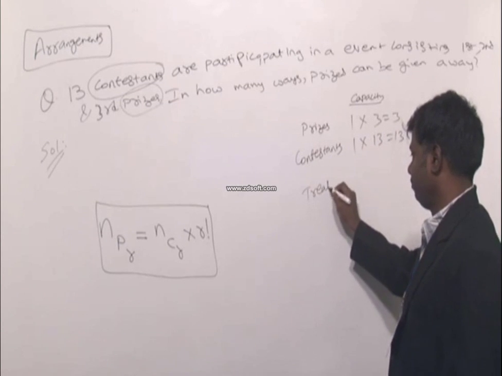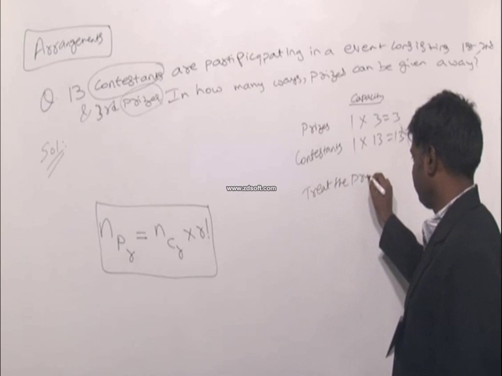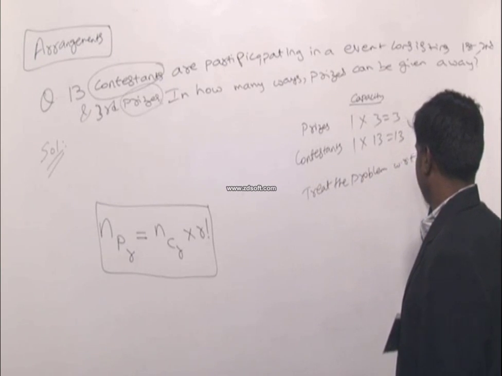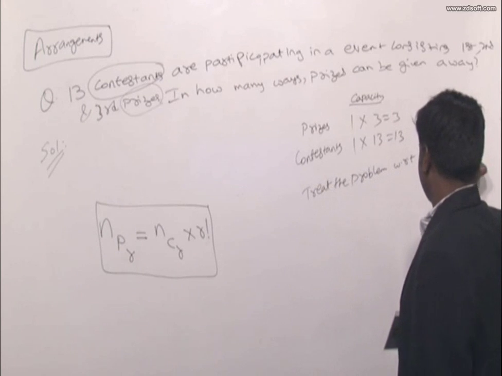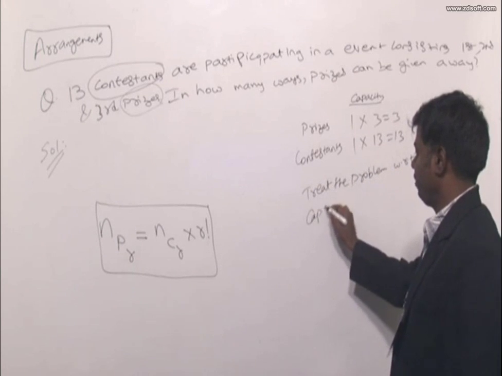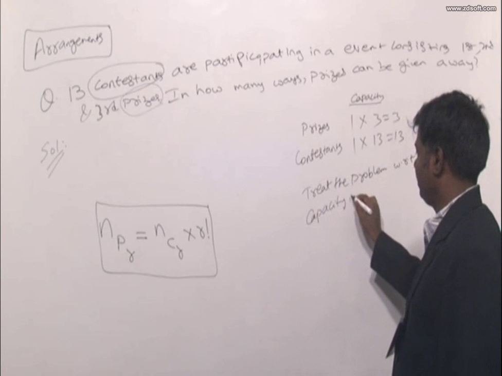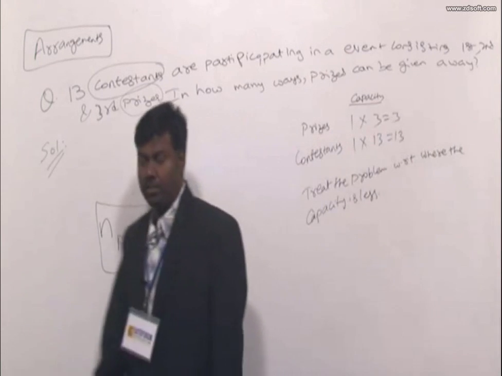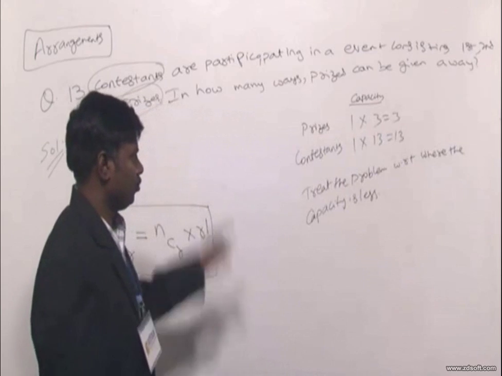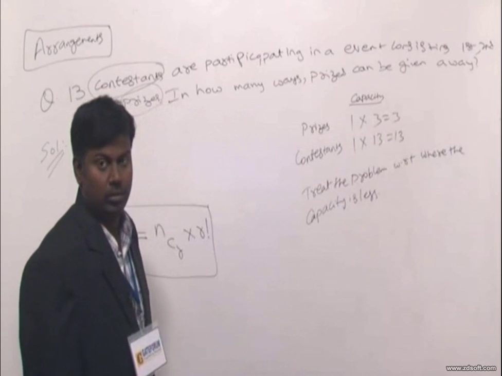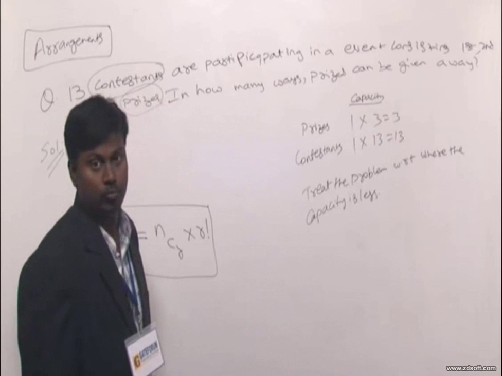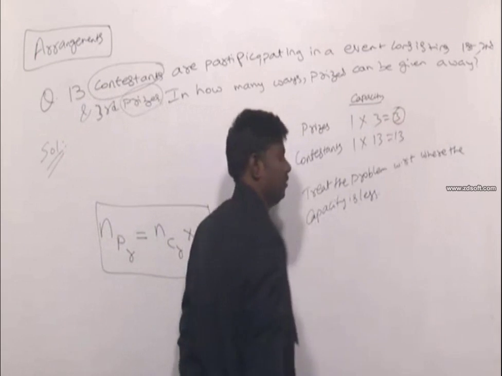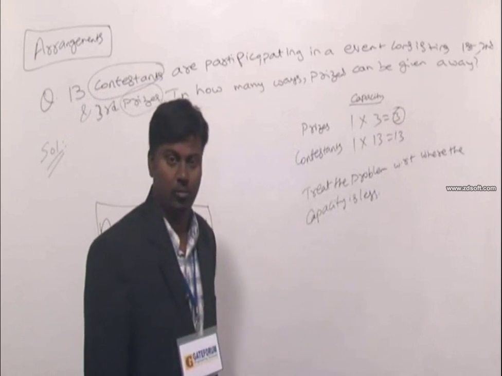Right? Now, as soon as you decide the capacities, treat the problem with respect to where the capacity is less. So capacity is less with respect to prizes.